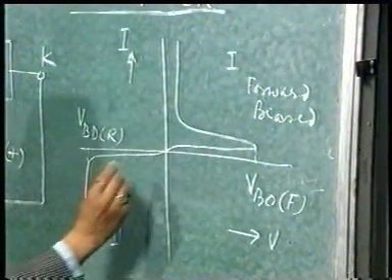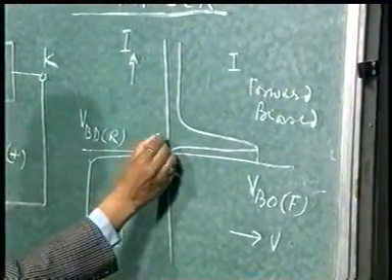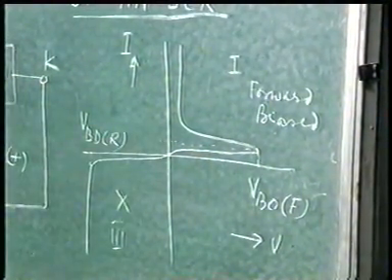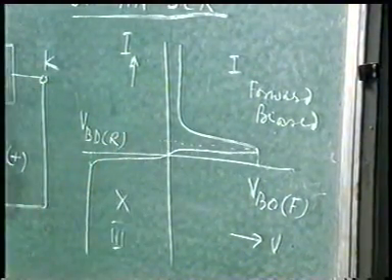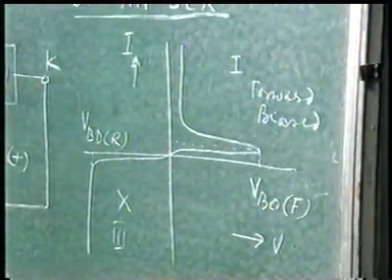From this point to this point there is a little bit of current flowing. A very small amount of current, in milliamperes, is flowing up to this point, and this current will not be able to conduct the device. This current is known as leakage current.